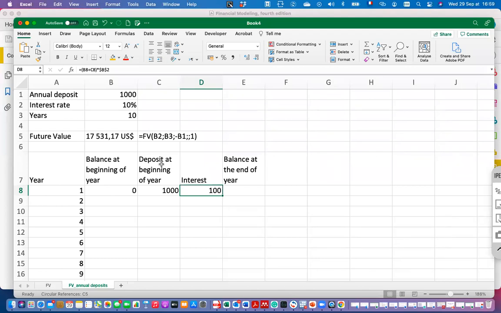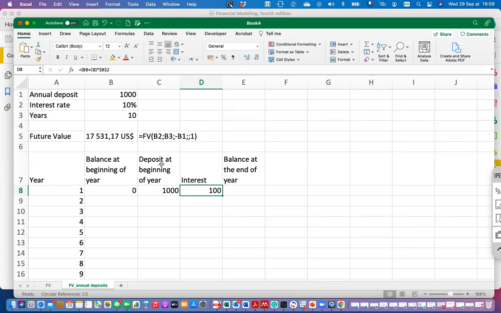For the previous one, we just multiplied the interest rate by the balance at the beginning of year, right? بس لأنه هنا كل سنة بنضيف ديبوزيت جديد، فإحنا بنحسب الإنترست على شيئين، على المبلغ اللي عندك أوريدي في البنك زائد الإضافة اللي جبتها أول السنة. هذا الاختلاف الأساسي. So here we apply the interest rate on both the balance at the beginning plus the annual deposit we are adding at the beginning of each year.